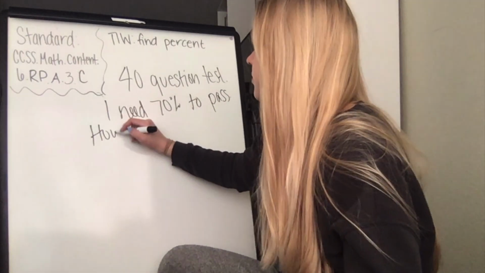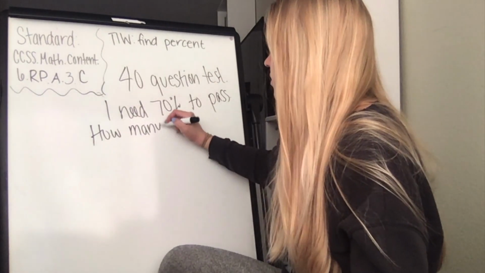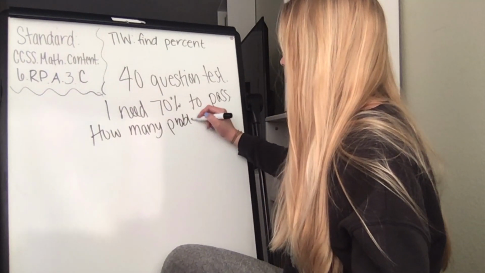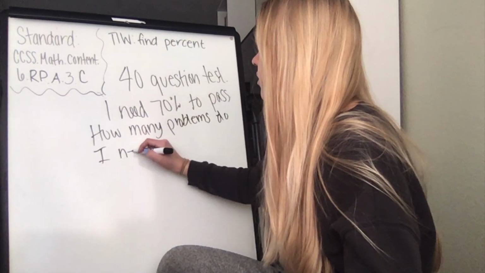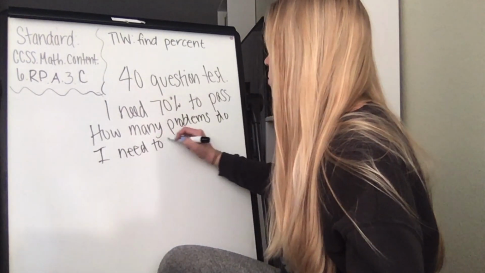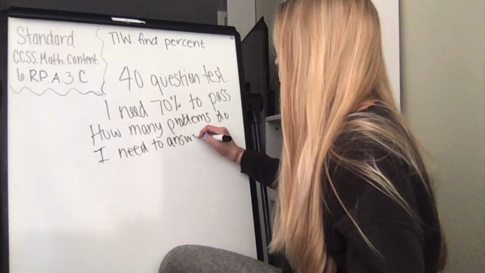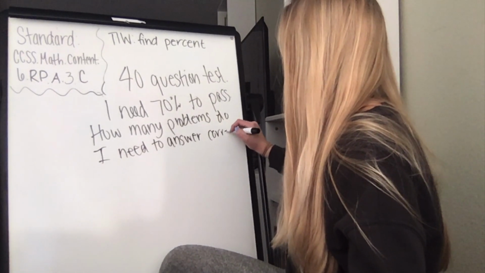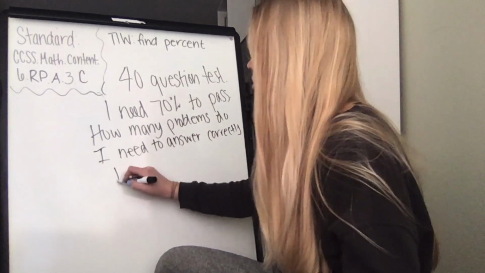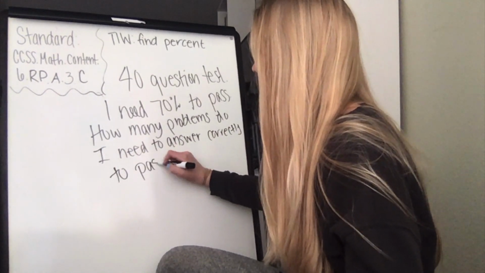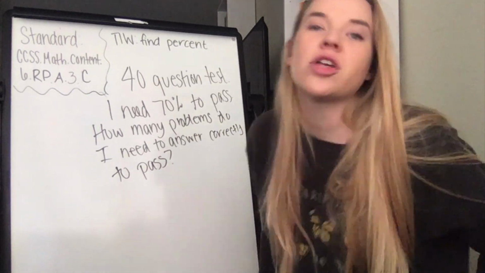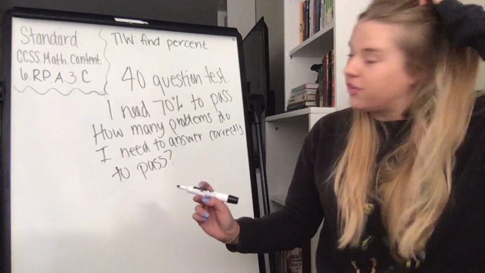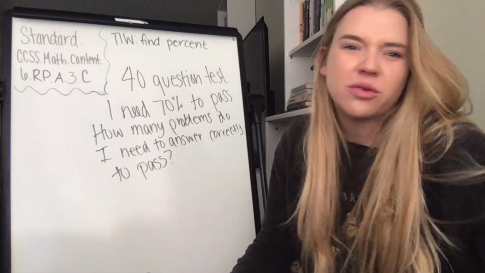How many problems do I need to answer correctly to pass? That is not neat at all. I'm sorry, I don't even know if there's any benefit of me writing that down, but I wrote it down so we can refer back to it.